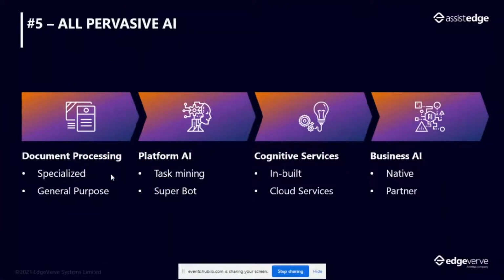So yet another area of investment has been in building an all-pervasive artificial intelligence layer, which enables both platform-centric and business-centric use cases. These could range across document processing.